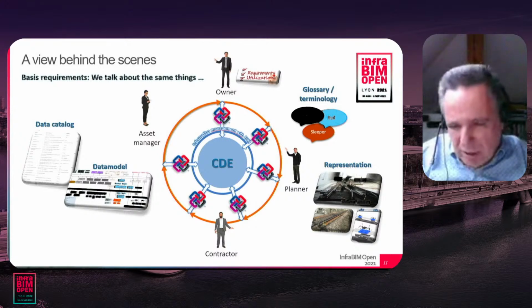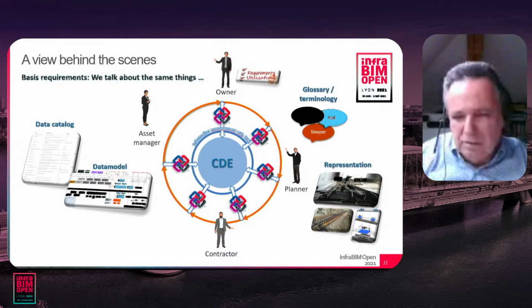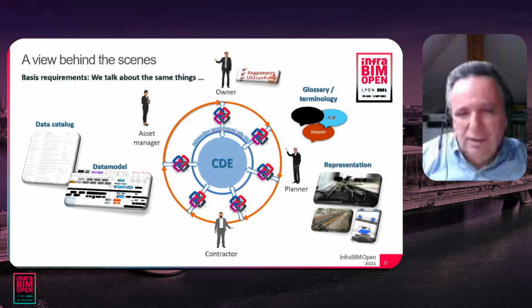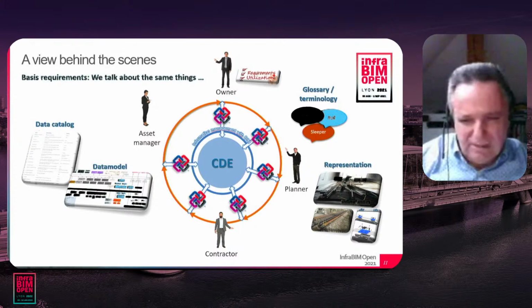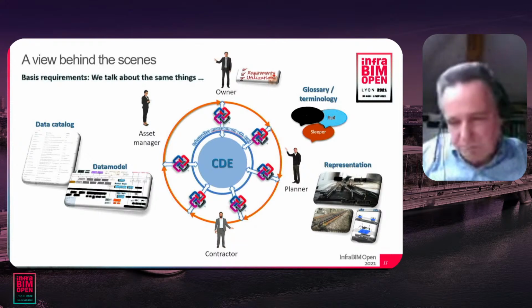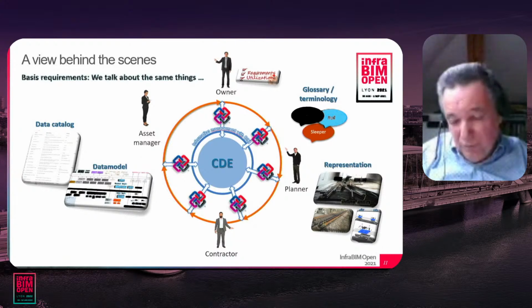We have the planner and contractor, who are mostly interested in delivering the project in cost and time, and so on. And on the other side, in operation and maintenance, we have the asset manager, who wants to operate the asset management as well as possible. But if we see these different views, how can we bring them together?